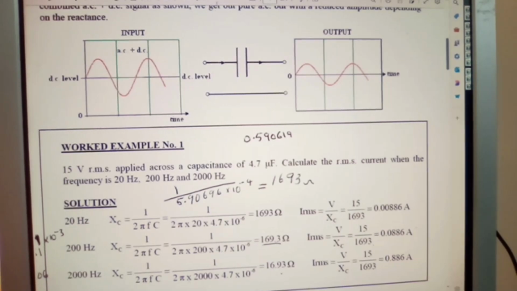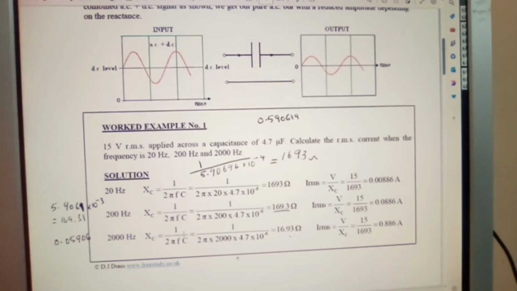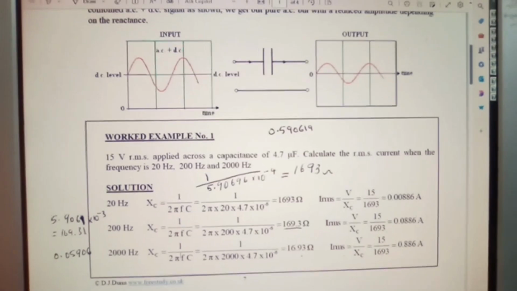Now, let me just drop this down to show you what I've done. Bear with me for a second. I've dropped it down so we are, hopefully I can still see. Okay, now you can see what I've done here.